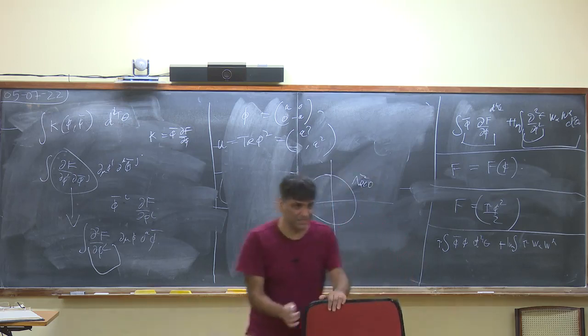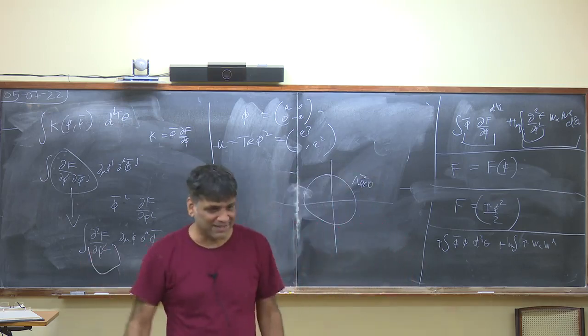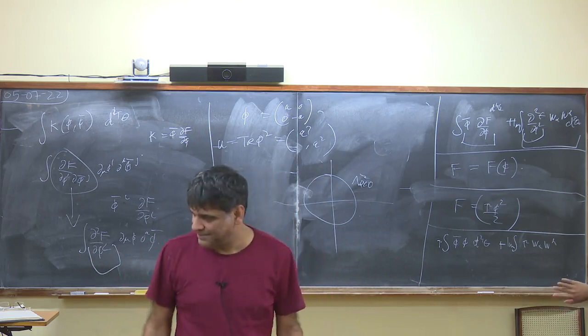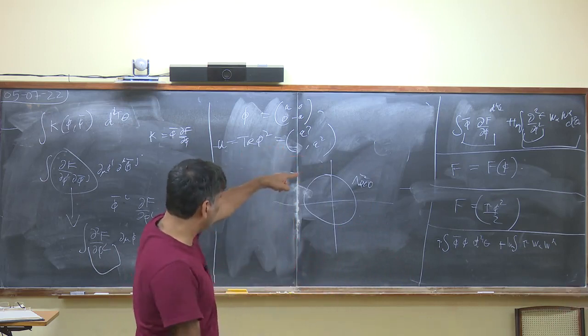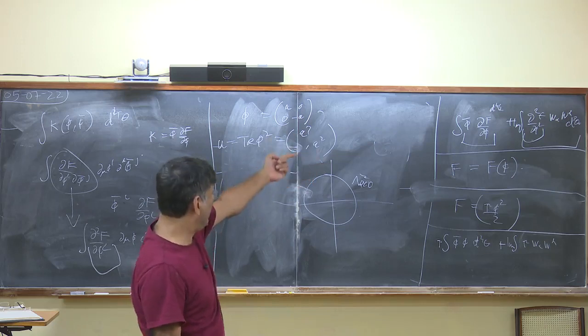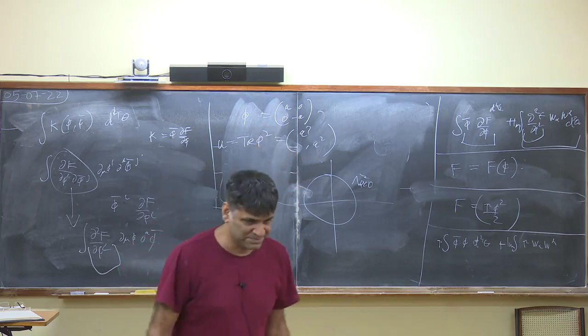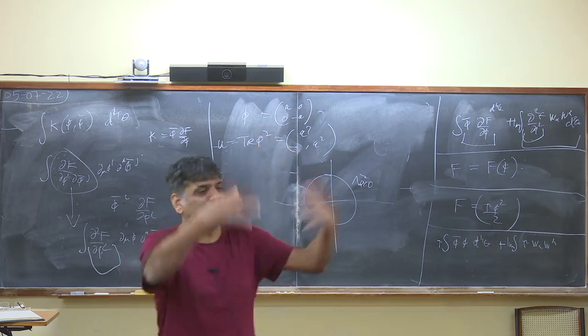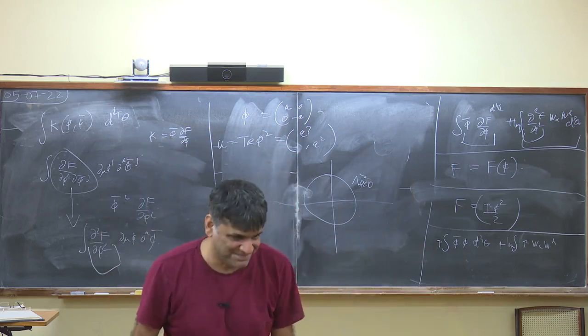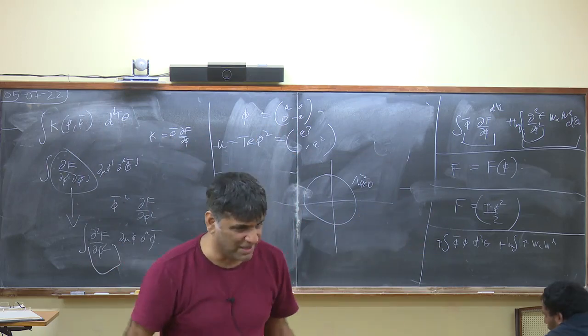It has an effective coupling constant. This is clear, right? Because the role of tau is being played by del 2f by del phi square. So the coupling constant now is a function of where you are on this moduli space, rather than being a constant.